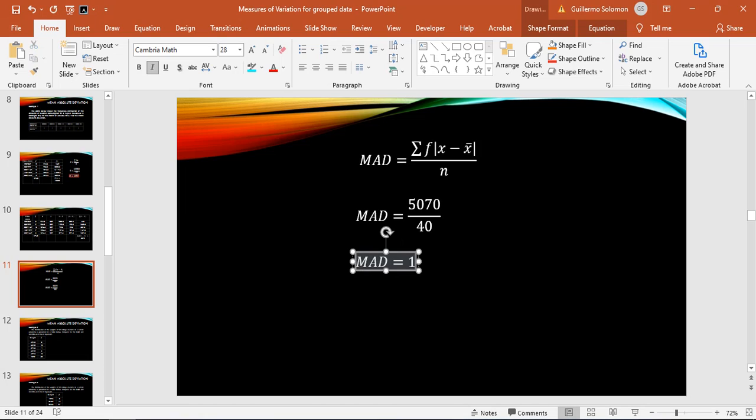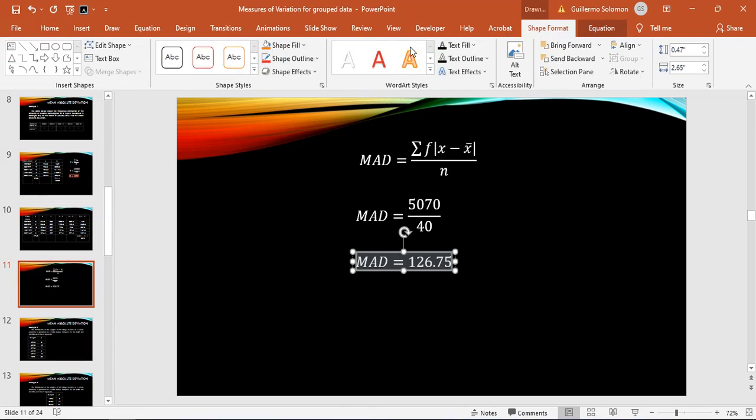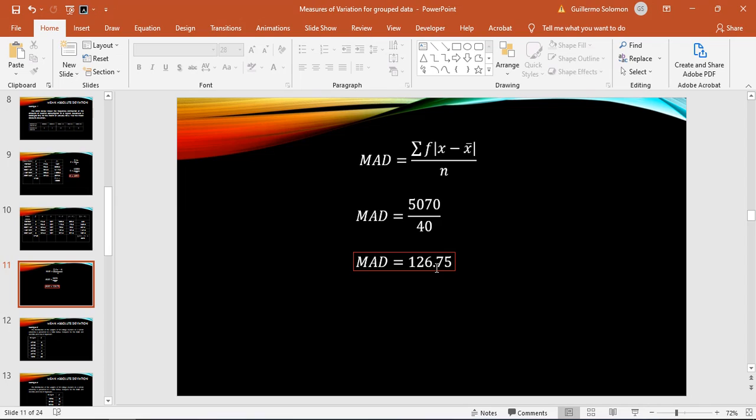So, our mean absolute deviation here is 126.75. Tama ba? Yun. So, this is now our final answer for the mean absolute deviation. Okay? 126.75. Okay? That's it. Napakadali lang ng mean absolute deviation for group data.